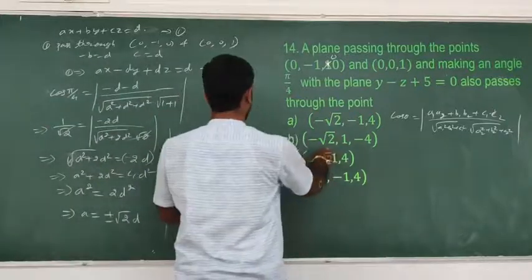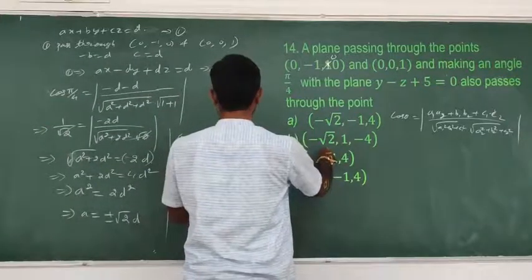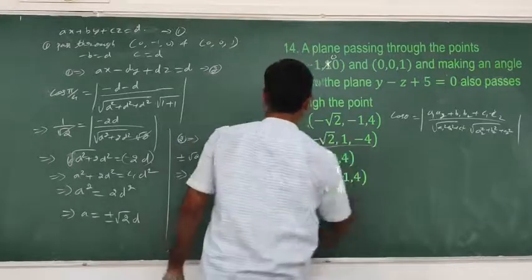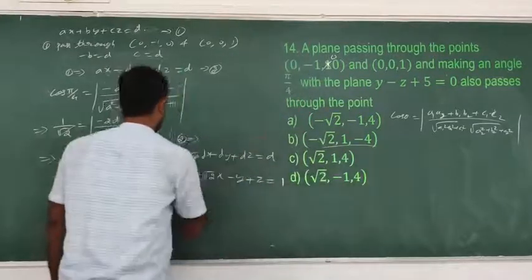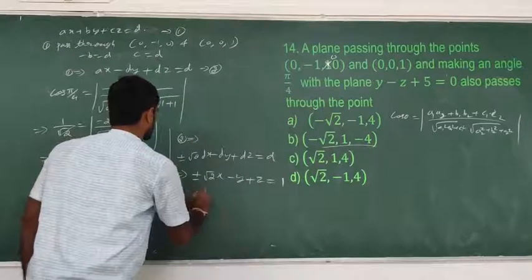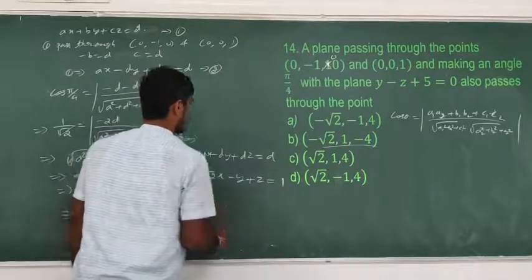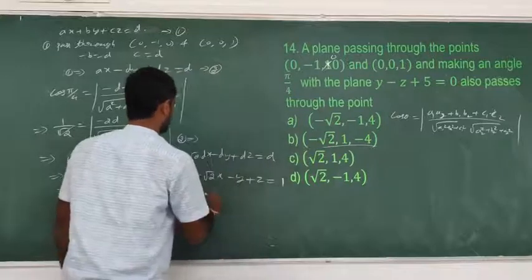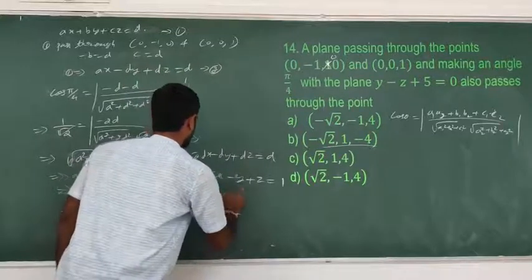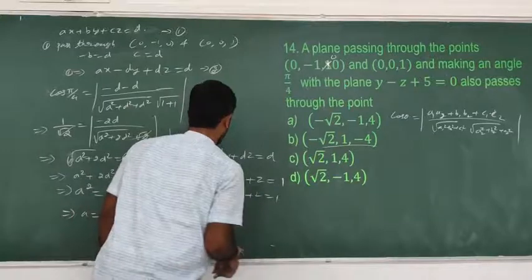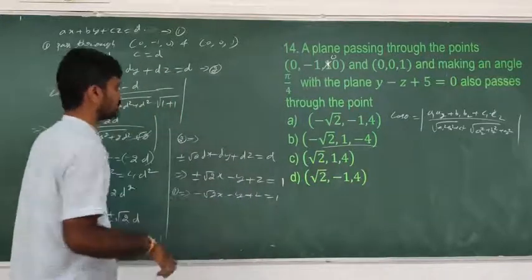If we take this one and substitute into the options, first, option 1 becomes minus root 2 x minus y plus z is equal to 1. I will take it first.